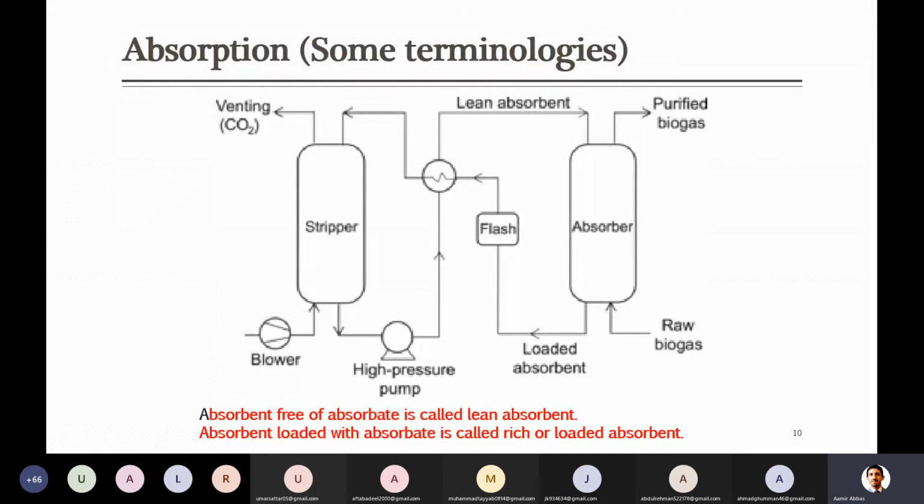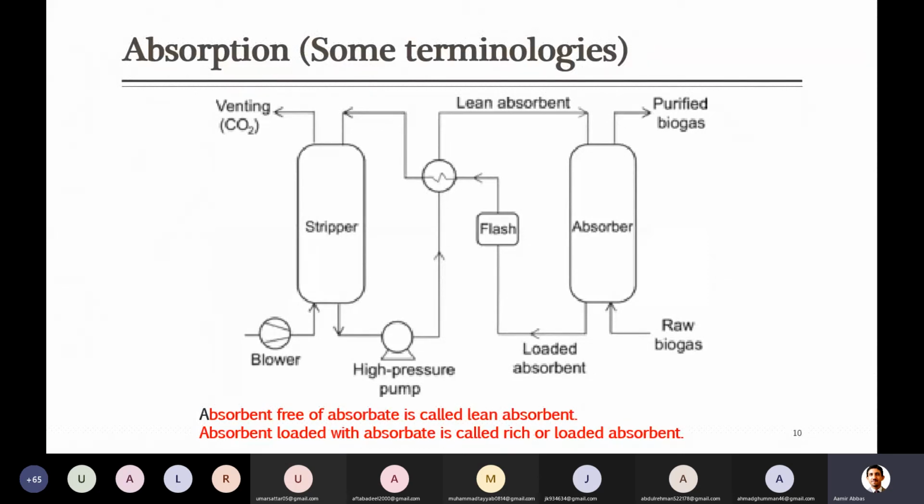There will be some fraction still left over, and as well the liquid going to the stripper to get recovered will not be recovered 100%. There will always be some amount left over, but usually a small amount. Due to this reason we don't call it fresh. It is called lean absorbent, which is more or less free of absorbate, but there will be a small amount of absorbate.